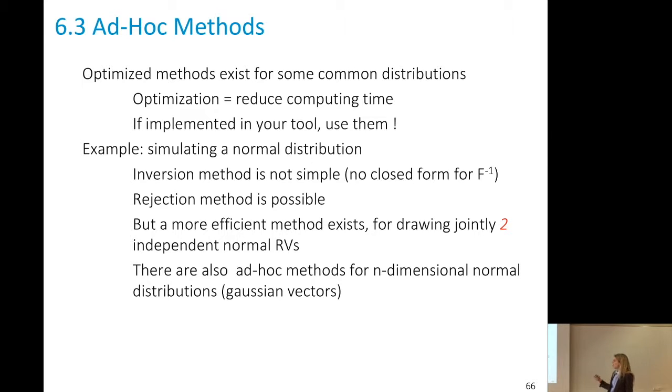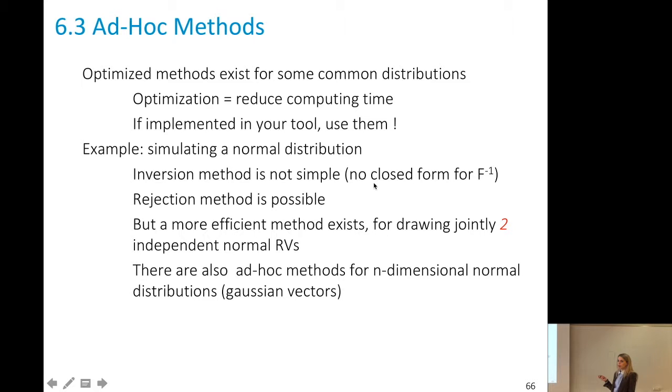We've seen the methods to draw samples, but there are probably optimized methods for some distributions, and it's good to use them if they are implemented in the tool that you are using, because they reduce the computational time. For example, for a normal distribution, the CDF inversion method that we saw yesterday is hard to apply, because we need to compute the F inverse, and there is no closed form for that.